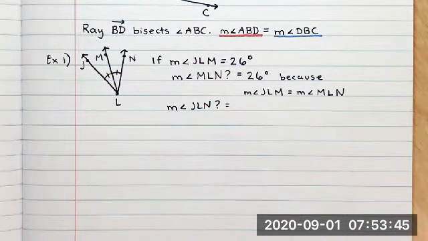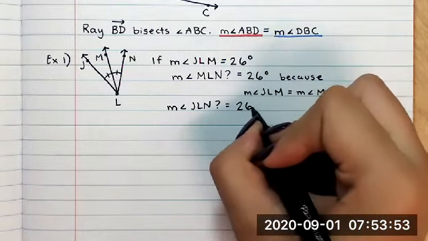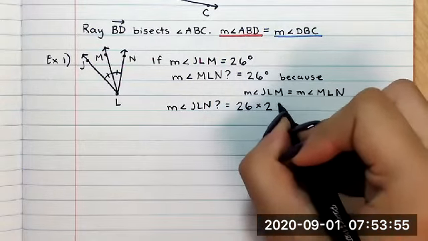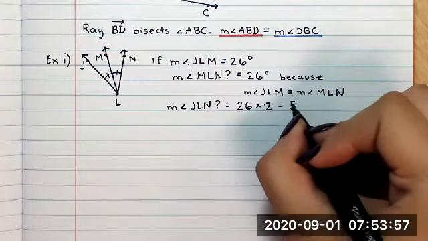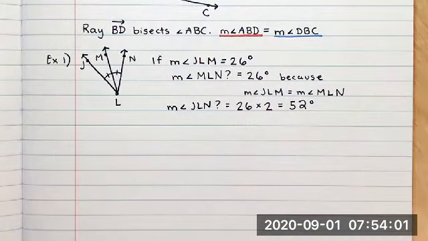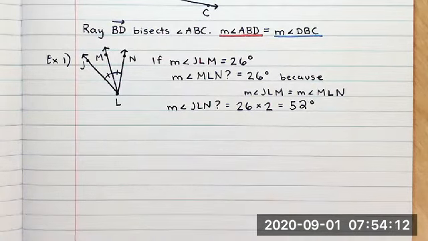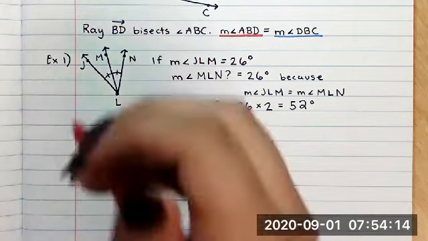So what you did is you multiplied 4 times 2 to get your whole. You do the same thing here. 26 times 2 is 52 degrees. And that's that angle addition postulate at work, because if this is 26 and this is 26, then the whole thing has got to be 52.